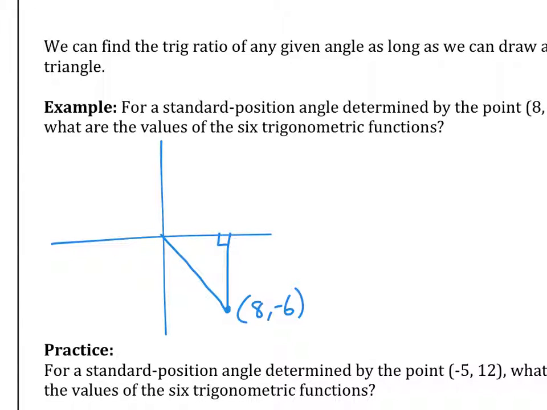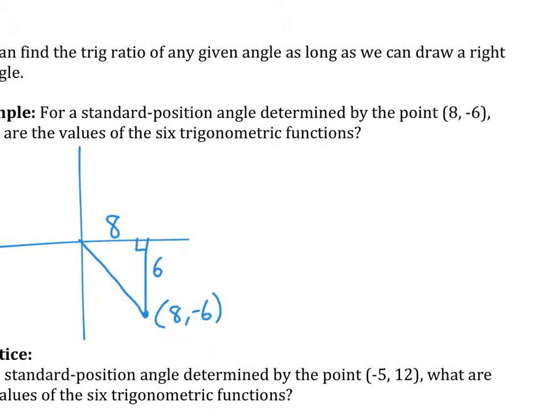How long is this x side? 8, because it tells me I have to go 8 here and then 6 down. So this is 8. What about this length? 6. It is a length.